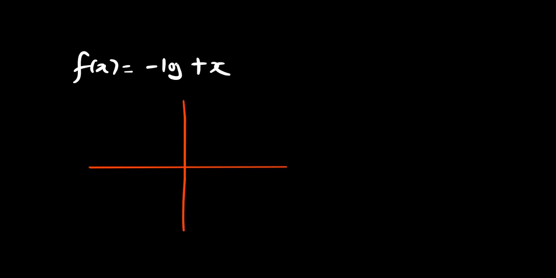Let's solve another one. Let's say you're finding f of x equals negative log of x. How are you going to solve this one? Let's say this is our y-axis, this is our x-axis. You still have to look at the value of x and the value of y. Now the value of x is positive, and the value of y is negative, because the log itself is negative.